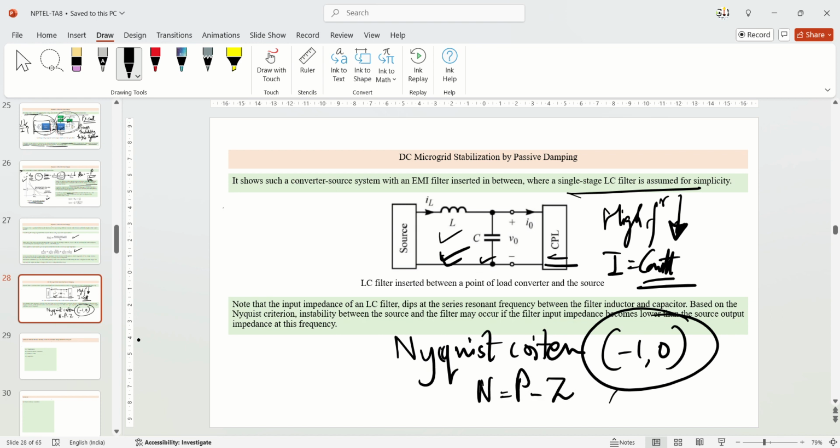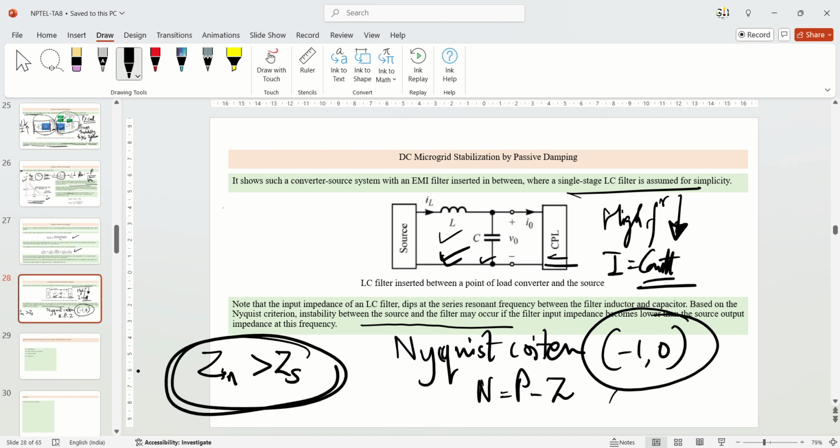That is one way. Just remember how the stability of these systems can be followed through the Nyquist criteria. Instability between the source and the filter may occur if the filter impedance becomes lower than the source impedance. So what you wanted to maintain is that Z input should always be greater than ZS. Instability can be figured out through the Nyquist criteria.